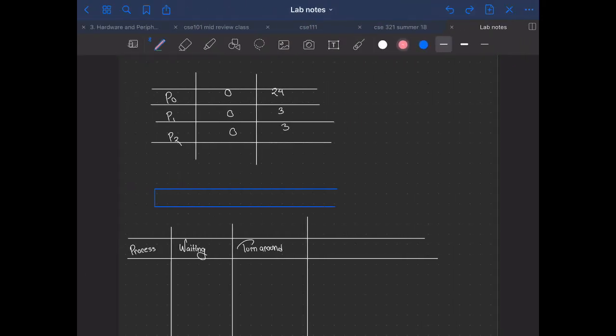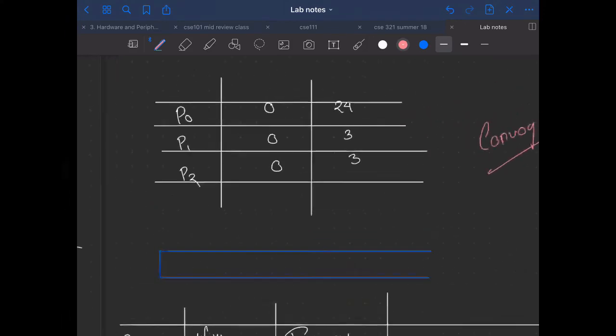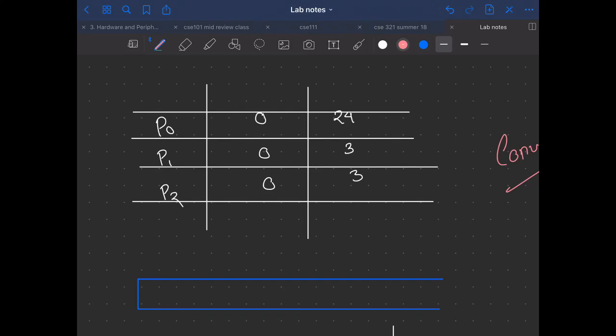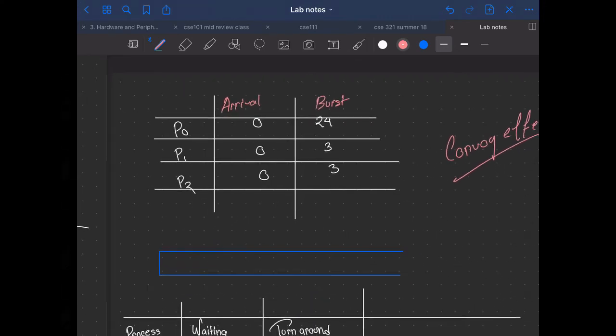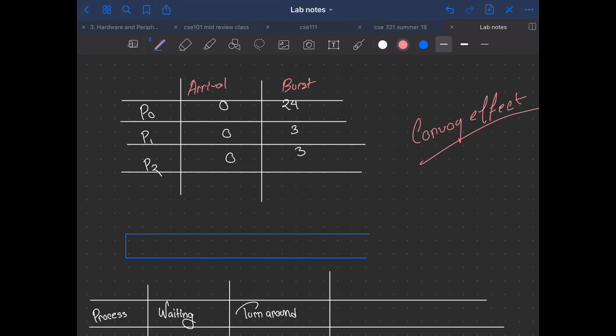So let's look into another example to show you the convoy effect. This is one of the problems of FCFS. Let's say we are given these 3 processes, all of their arrival times are at 0 seconds, and their bursts are different. P0 comes first, and as these are 3 processes with the same arrival time, we would consider them alphabetically.